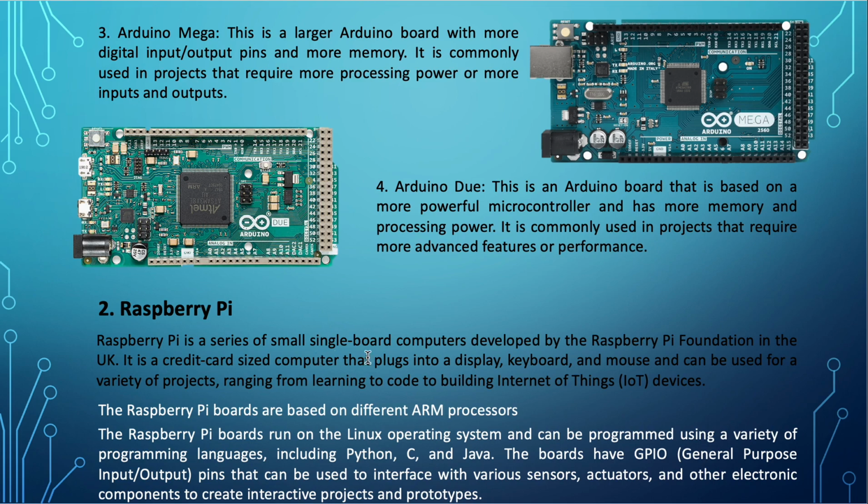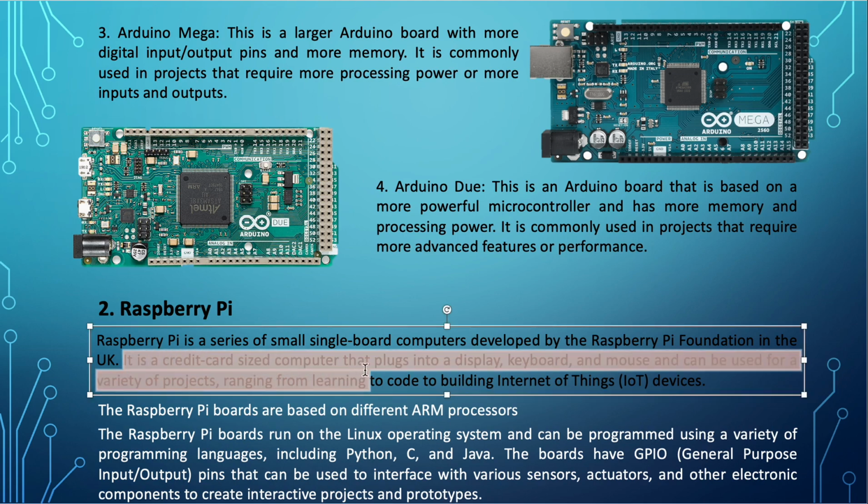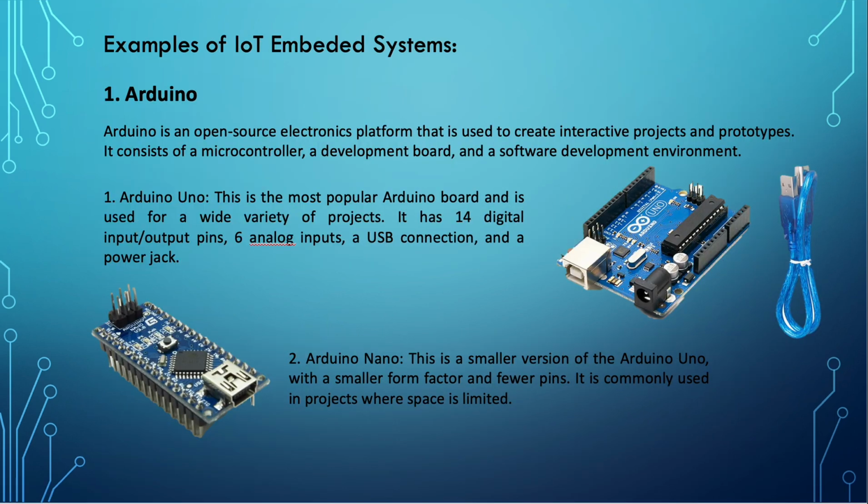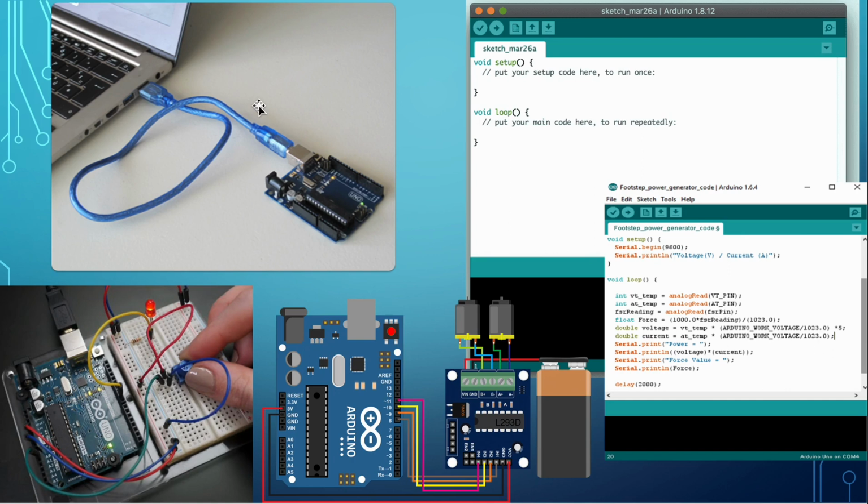A series of single board computers developed by Raspberry Pi, and it is a credit card sized computer that plugs into a display, keyboard and mouse, which means that this itself is a computer, right? Arduino, we need to connect to the PC. We need to connect to a PC to program it.